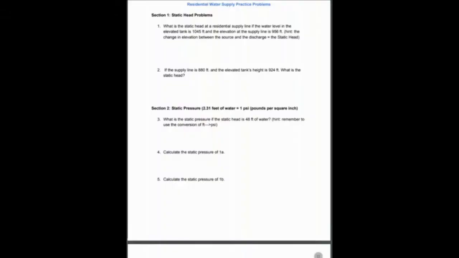The first problem here: what is the static head at a residential supply line if the level in the elevated tank is 1,045 feet and the elevation of the supply line is 956 feet? Remember, static head is equal to the source elevation minus the distribution elevation.